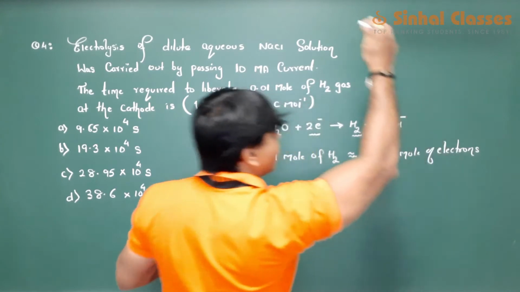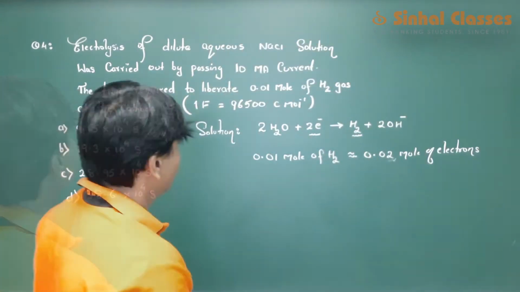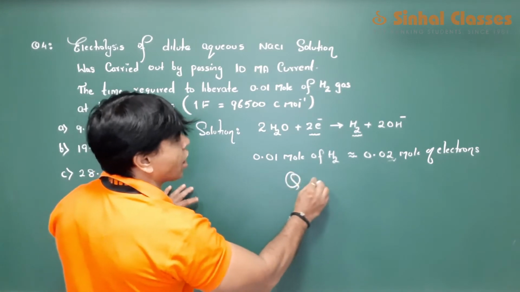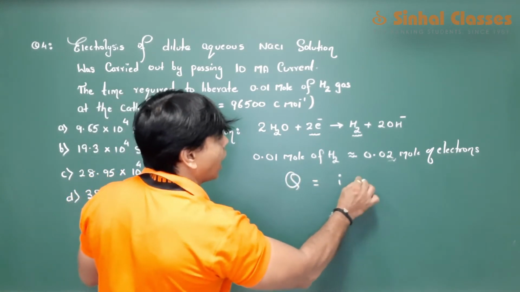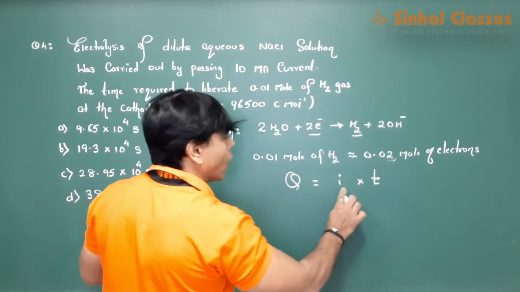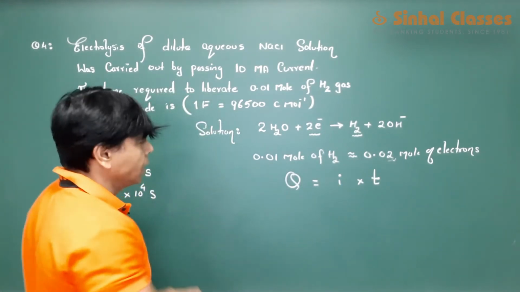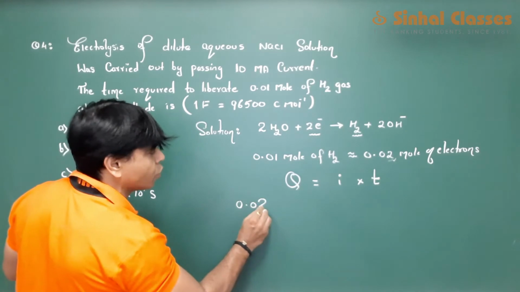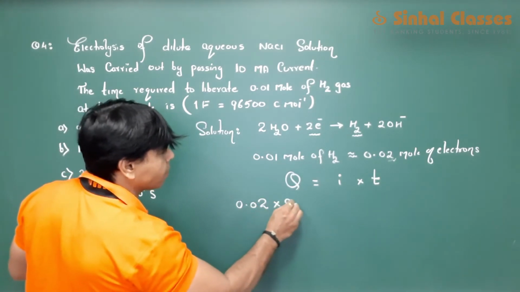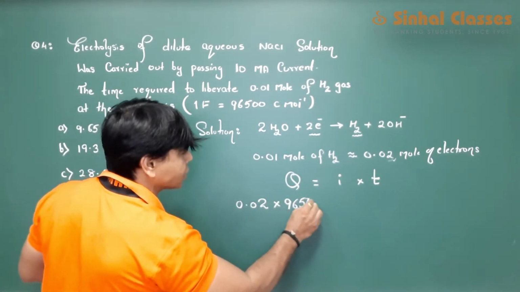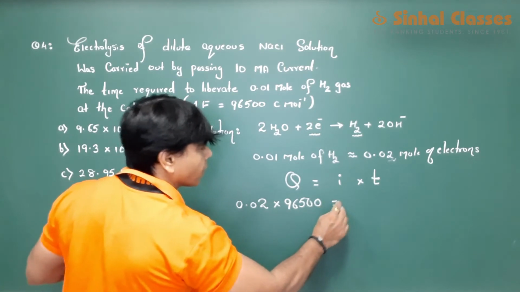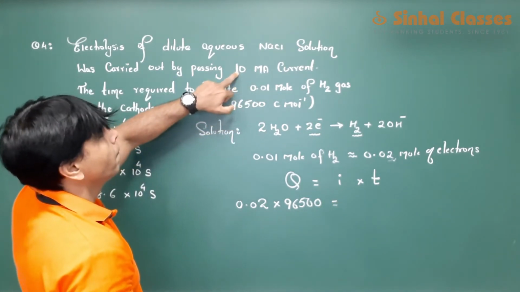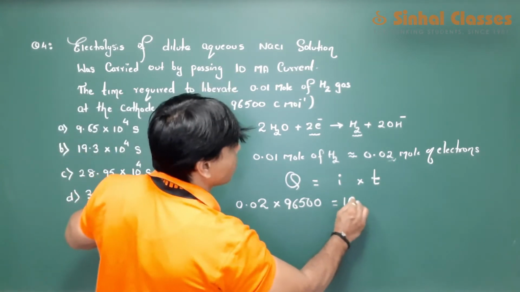2 moles of electrons. Now they want time. So we know that charge is equal to I into T, where I is current. Now charge is 0.02 moles of electron multiplied by 96500, and I is given as 10, which you will convert into ampere.